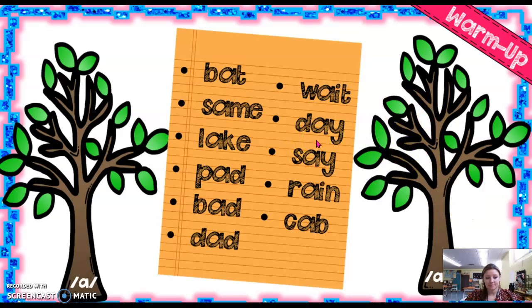Day goes on our A tree. Say makes the A sound, so also goes on our A tree. Rain belongs on our A tree. And cab belongs on our A tree.